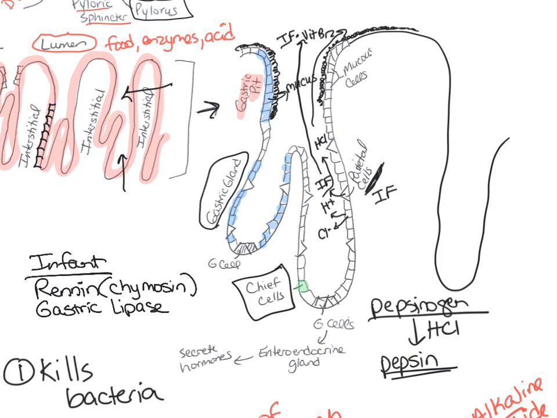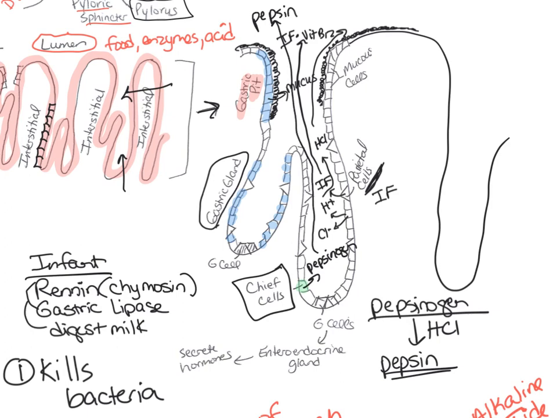Both of those are used to help digest milk, since that is how the infant is receiving all of its nutrients. Okay, so those chief cells are releasing pepsinogen, and once it's activated, that pepsin will end up in the lumen of the stomach as well.